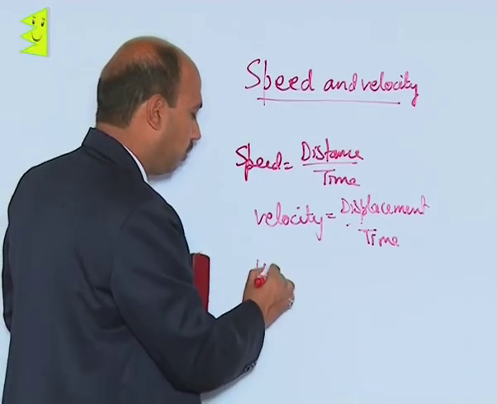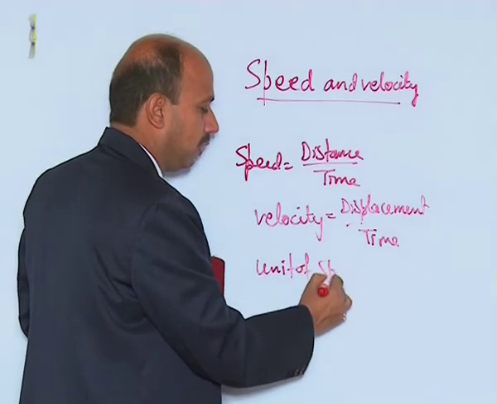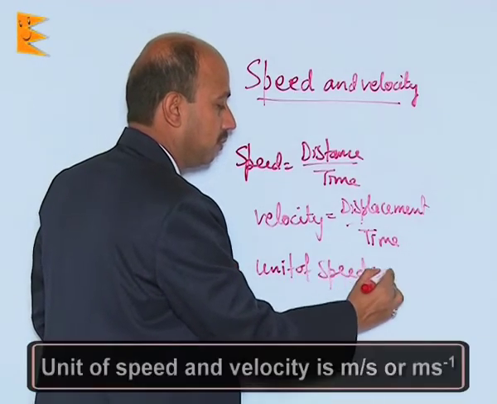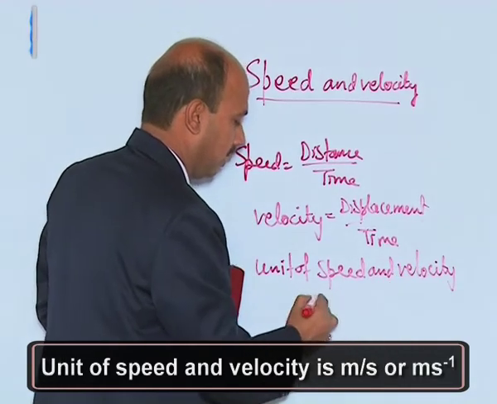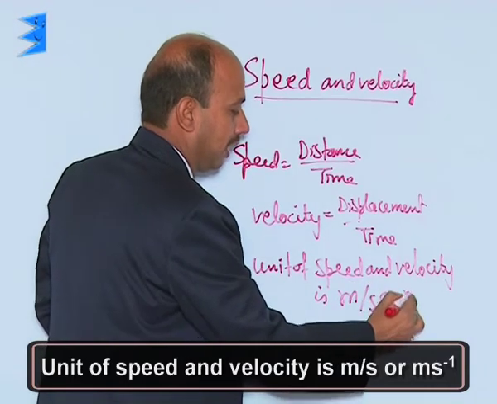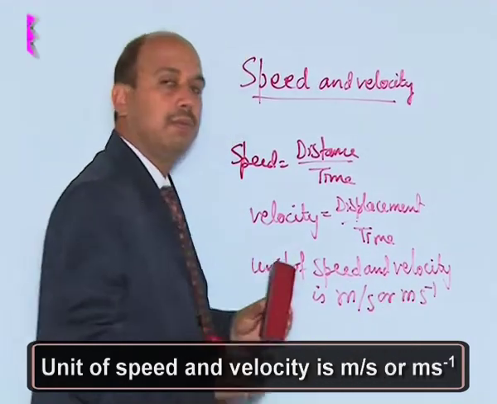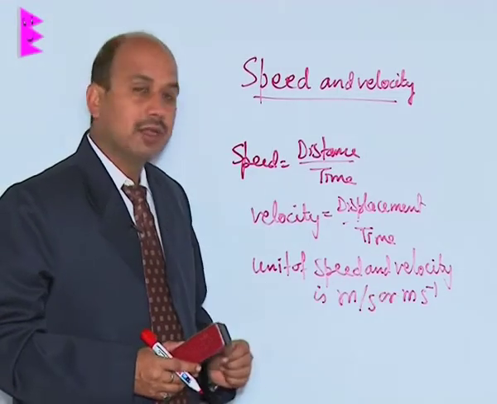So, the unit of speed and velocity is meter per second, or we write m s raised to power -1. So, meter per second or m s^-1.